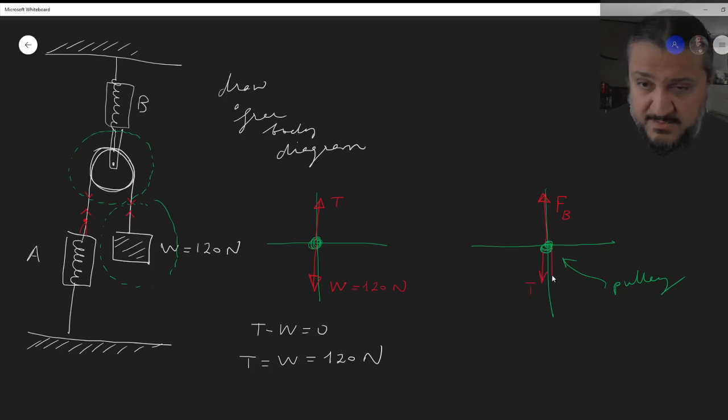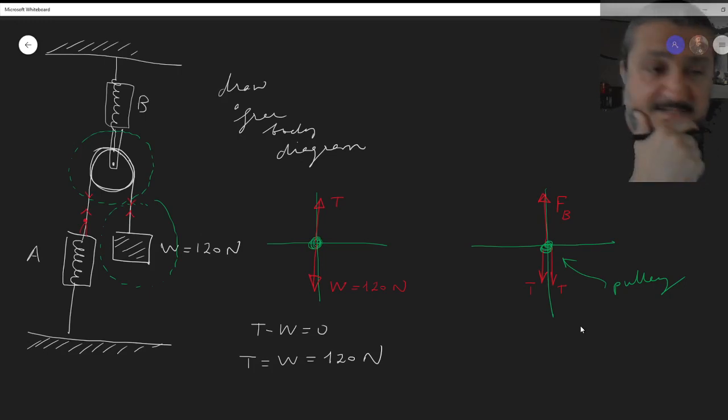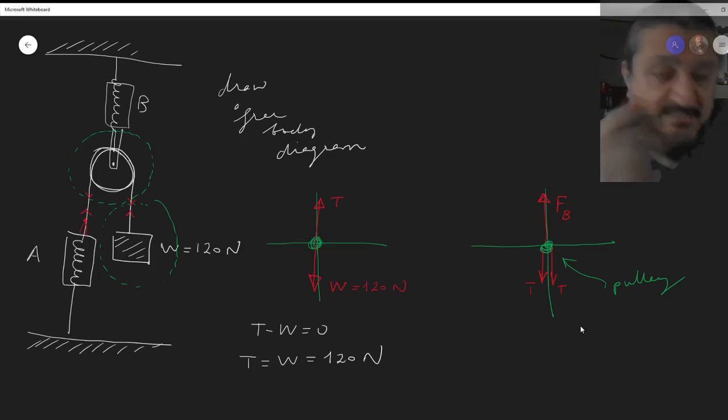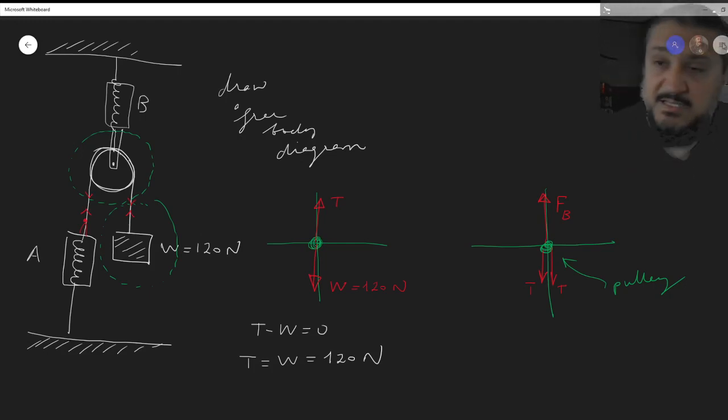So that's it. I only have 3 forces because they told me to ignore the weight of the pulley itself. I'm not considering that. So what is the equilibrium equation then? FB minus 2 T's equal to 0.